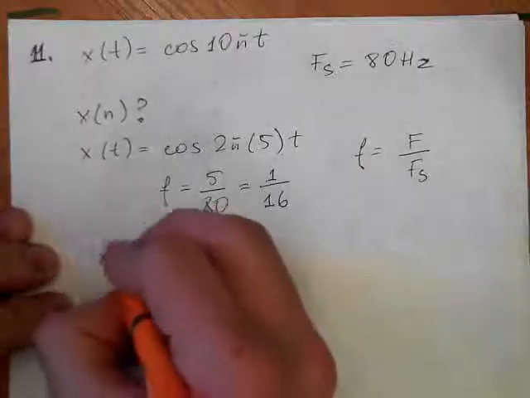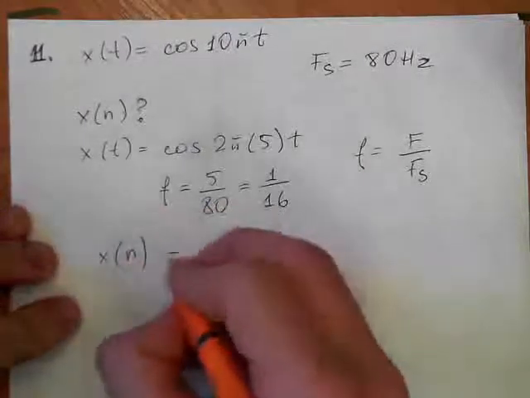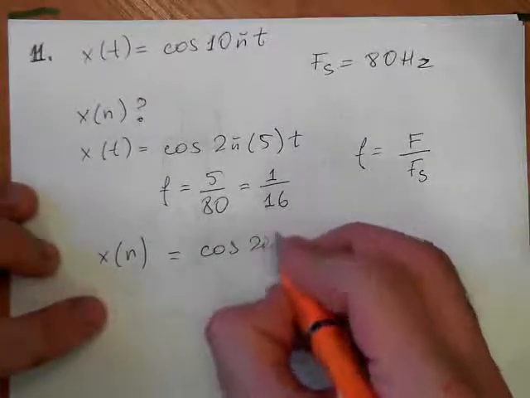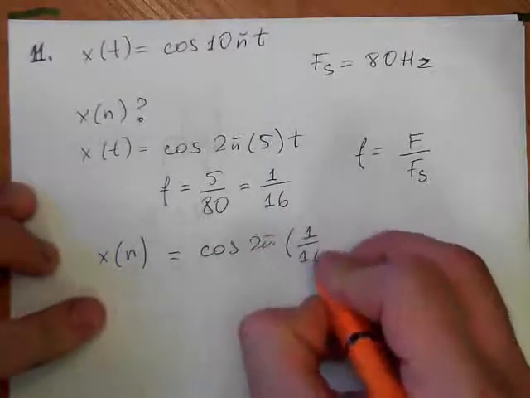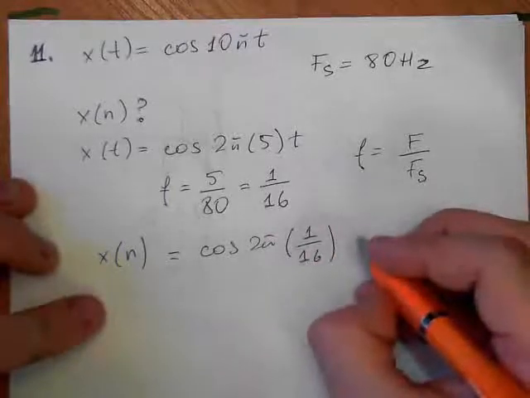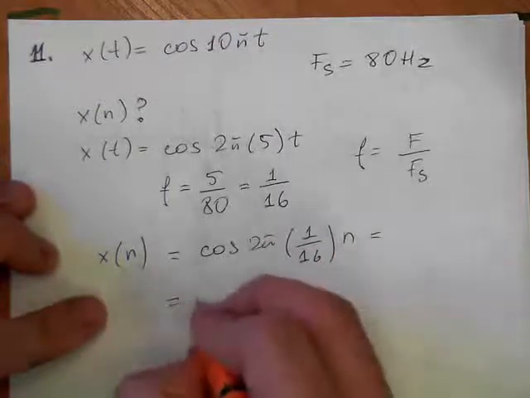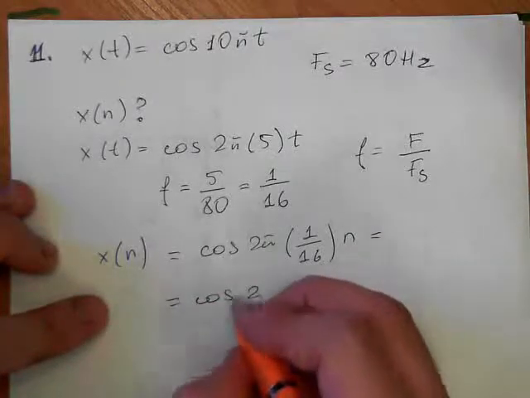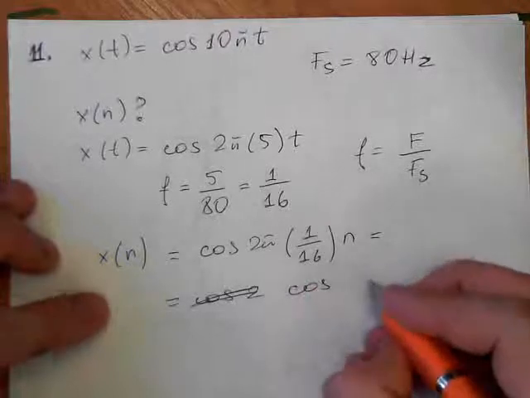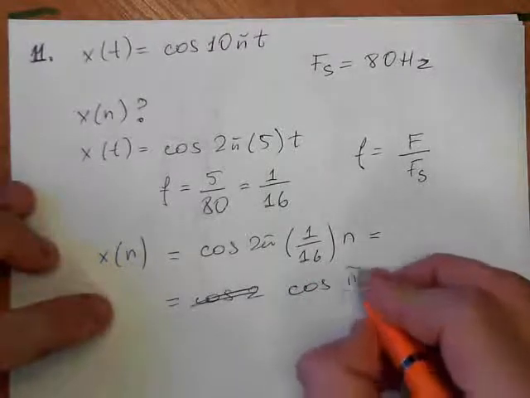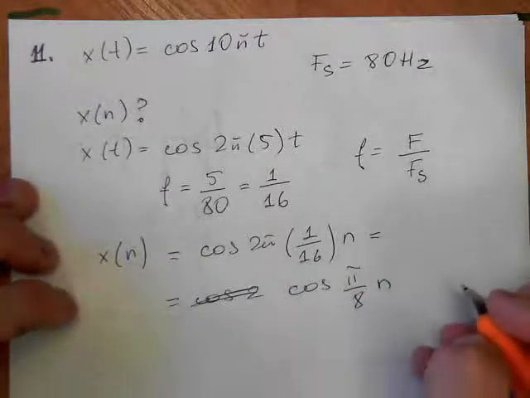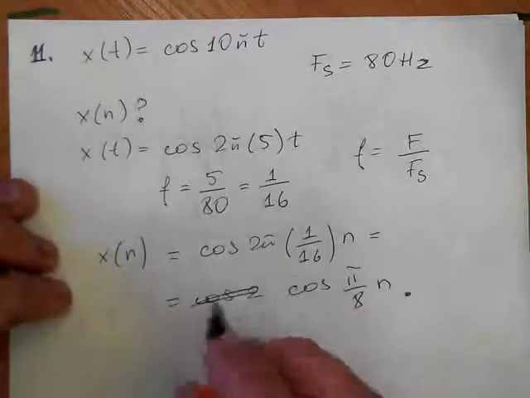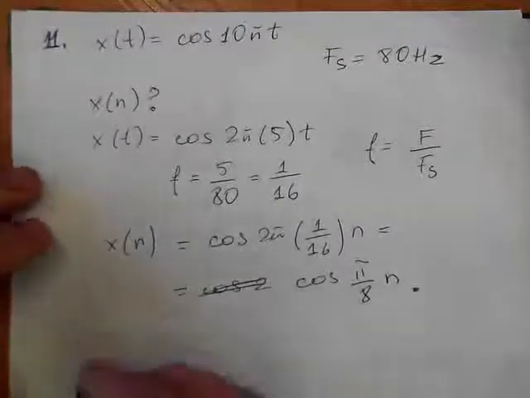Now xn is cos 2 pi 1/16 n. Now it is equal to cos pi divided by 8n. So this is the discrete time signal we obtain.